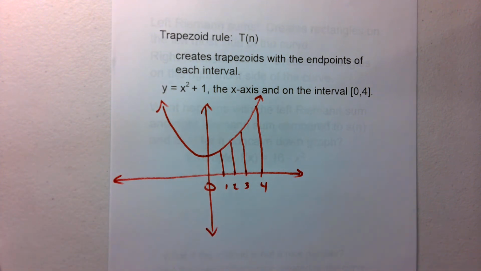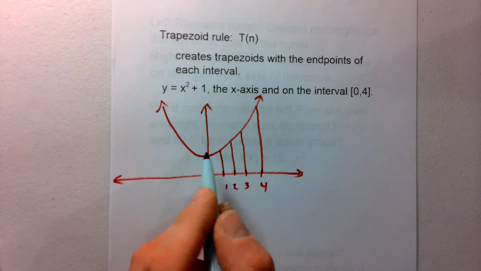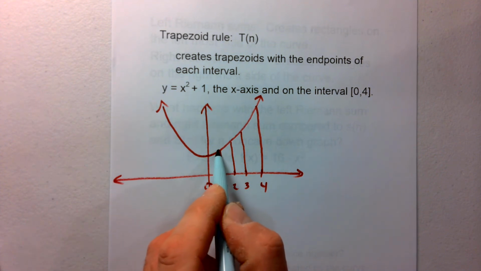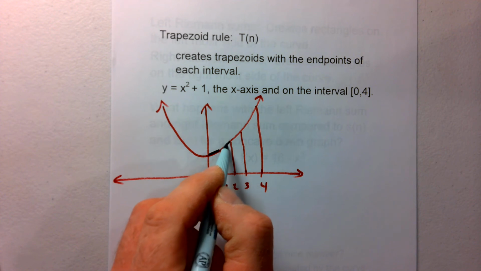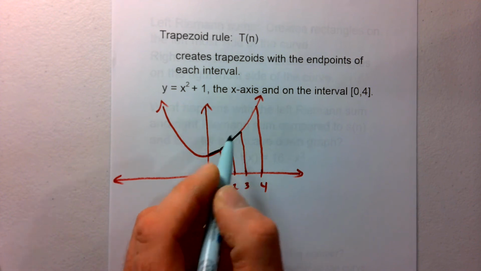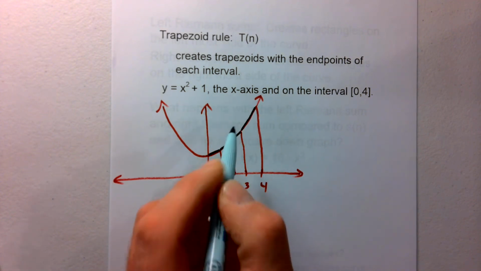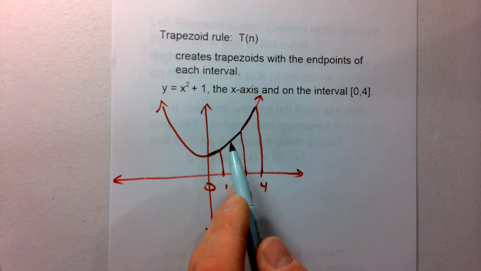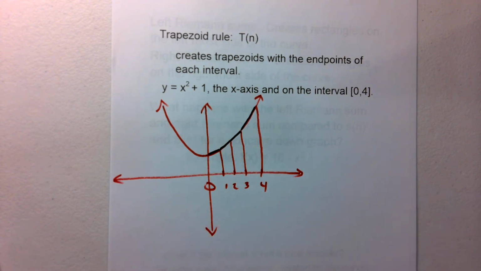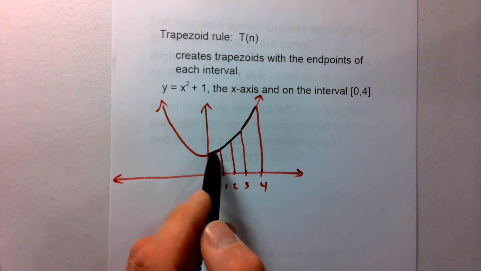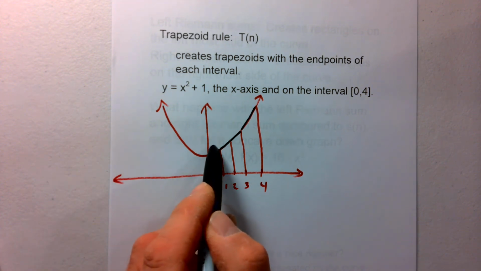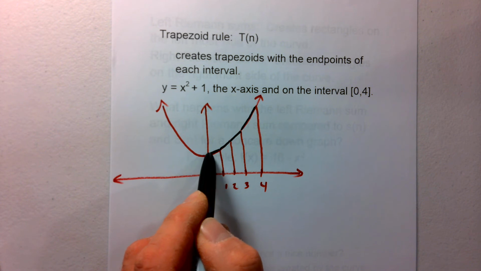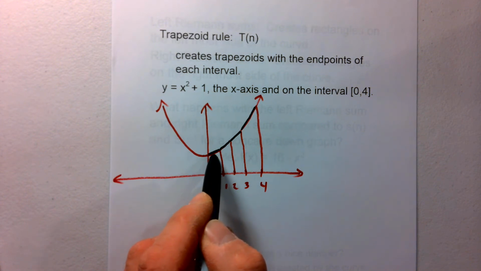But now notice, as I go from 0 to 1 and I create a trapezoid with this region, notice how these lines match up pretty close to what the actual curve is. It's not exact, but remember the idea of locally linear. A graph is locally linear. So in a small region, we can make this look very close to being the same.